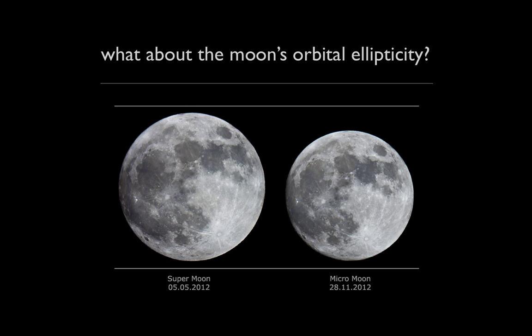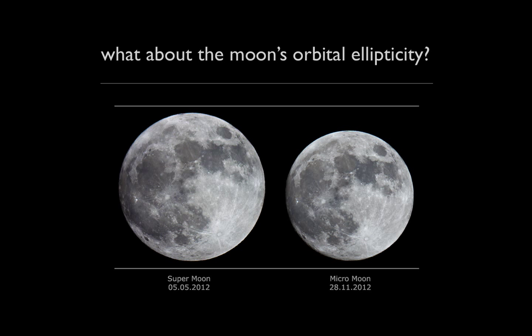This is often called in the media by names like supermoon and micromoon, and they try to really drum up the excitement. But really, all you're seeing is the moon at different places in its orbit, where it's coming closer to the Earth and going further away.